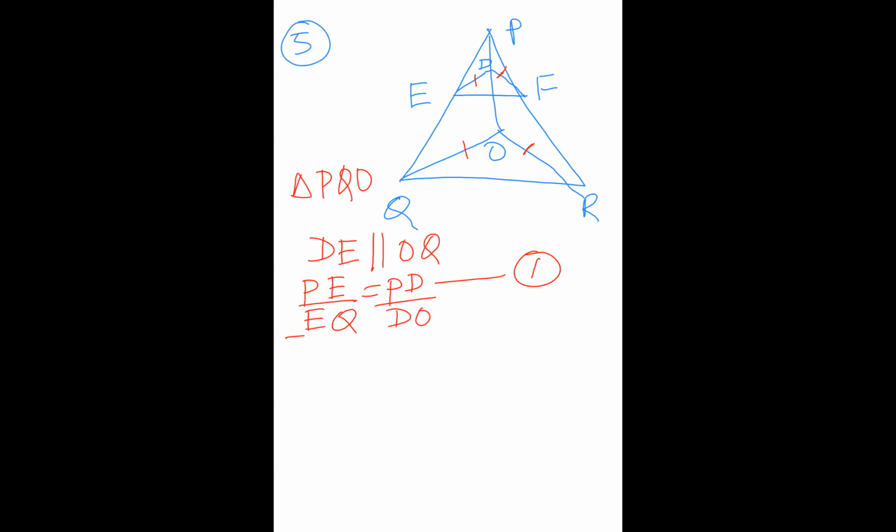And second case, since DF is parallel to OR, then PD by DO must be equal to PF by FR.